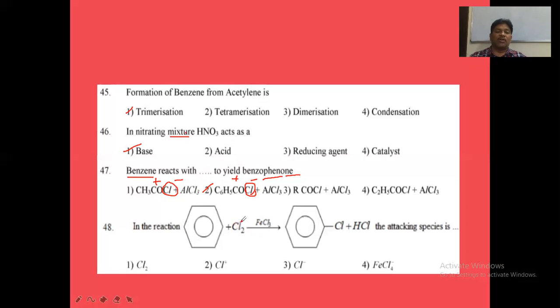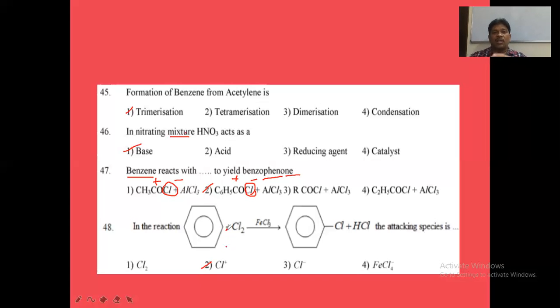Now this Cl plus electrophile will be attacking the benzene. So the attacking species is Cl plus, which is produced with the help of FeCl3. This electrophile is substituted in the benzene ring.